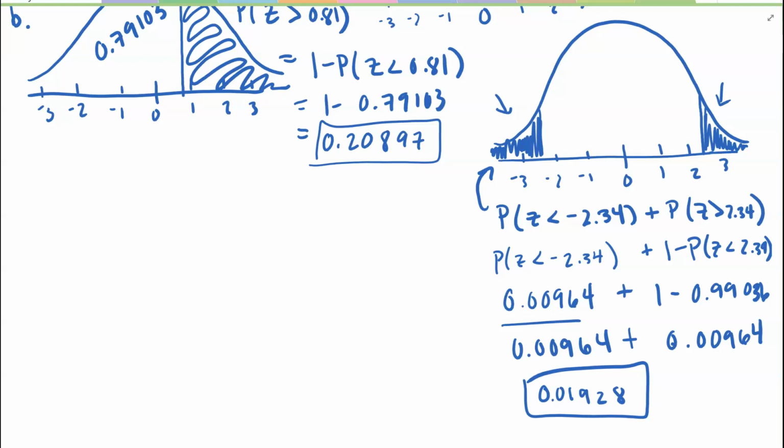And remember that your z-table or software is always typically going to give you the area to the left of whatever you plug into it. So sometimes you need the area to the left, but sometimes you need the area to the right, and sometimes you need both. So keep that in mind, draw your pictures, and keep on at it. Hopefully this video will help you find p-values from here on out.